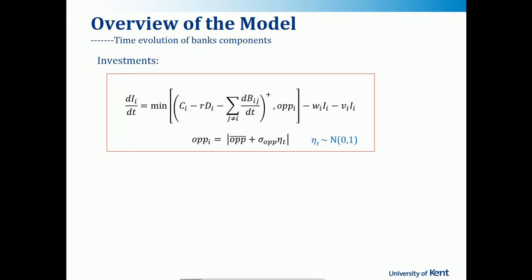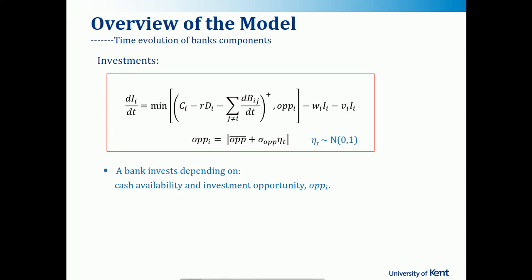This is the differential equation describing the investment behavior of bank I. Each bank makes its investment at time t depending on two factors. One is the cash availability, which is described by these terms here. It is the cash above the value required by the reserve ratio after interbank lending.